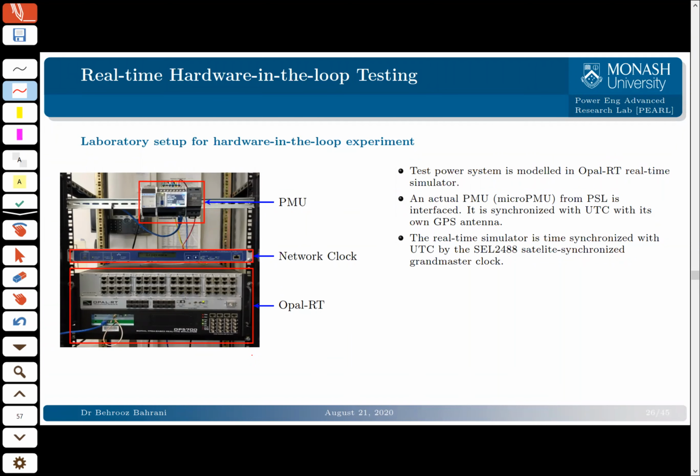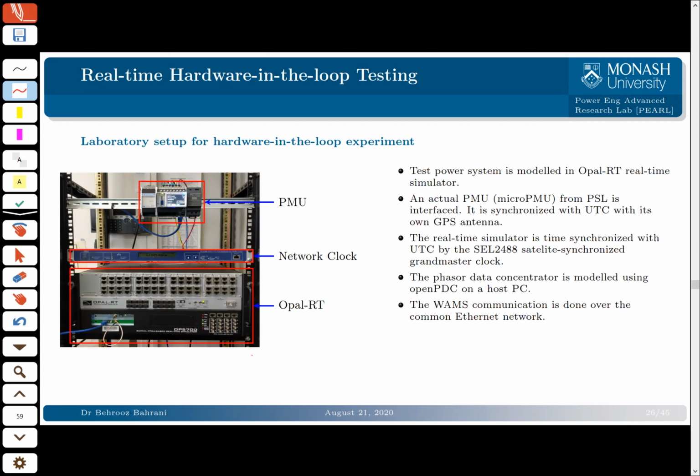So we've got 3 more PMUs in the system, and they are software PMUs, but we've got also a real PMU, to give us this hardware in the loop experiment. And we also have the concentrator for the data that we get. Of course, it's an open PDC in a host PC, and we've got the communication over a common Ethernet network.